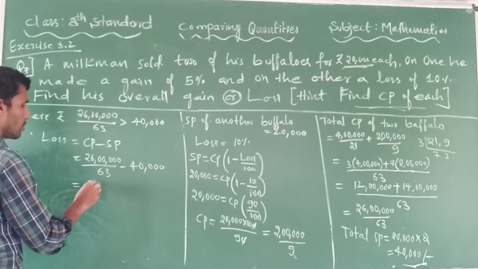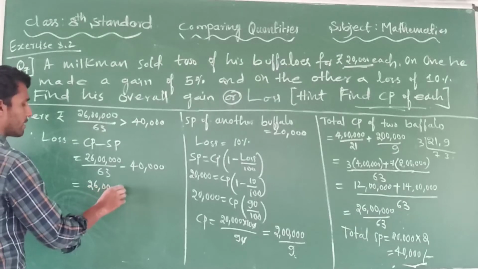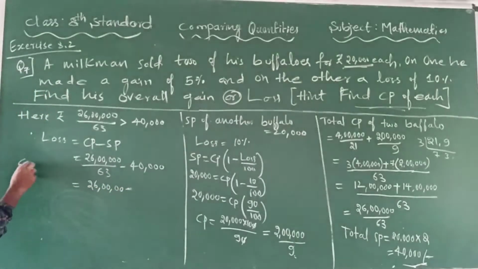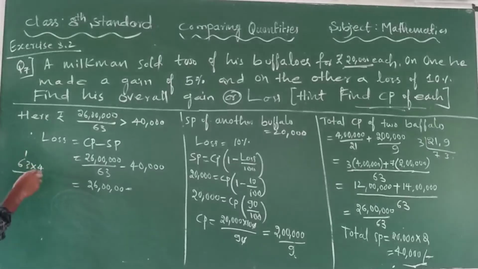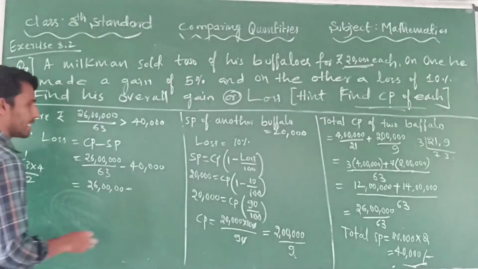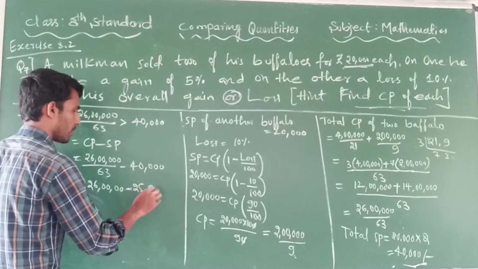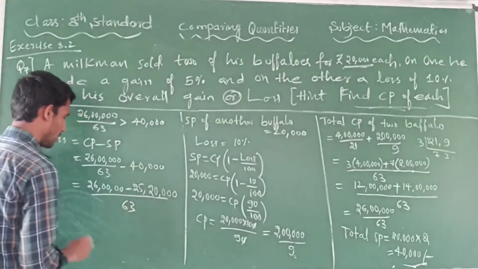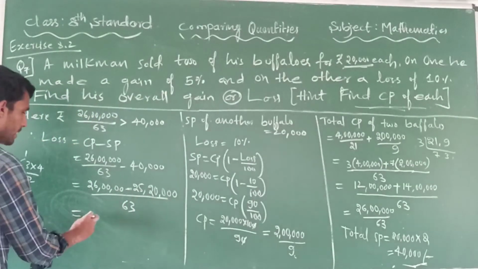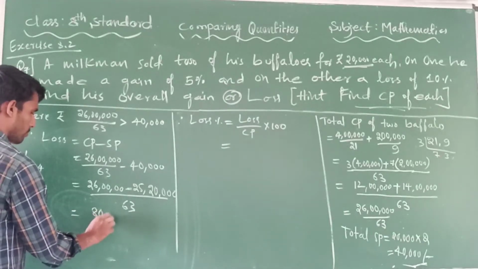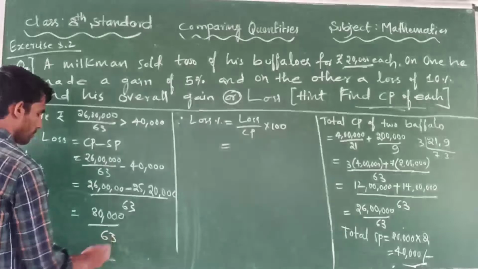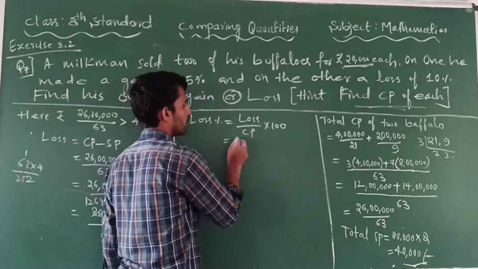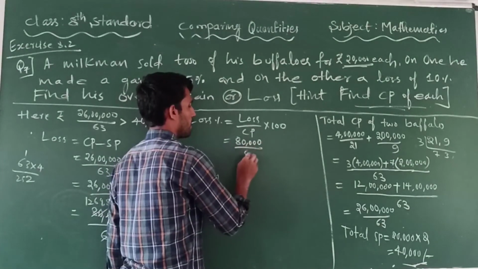When you multiply 63 into 40,000, now 26 lakh minus 25 lakh 20,000, by 63. Now when you do the subtraction, you will get 80,000 by 63.